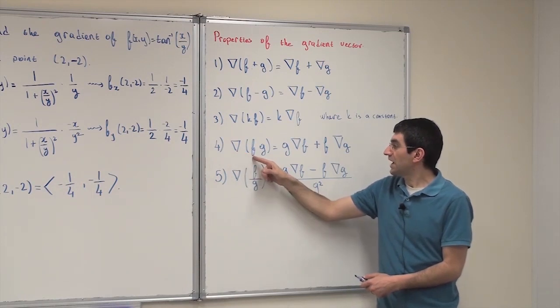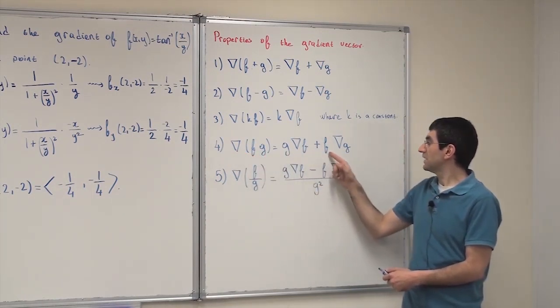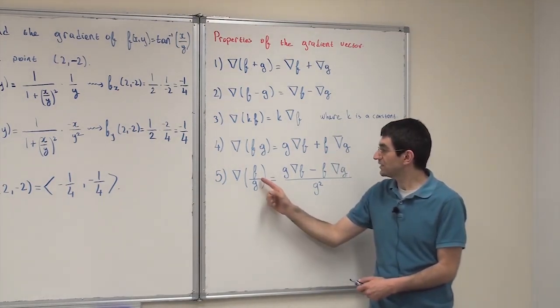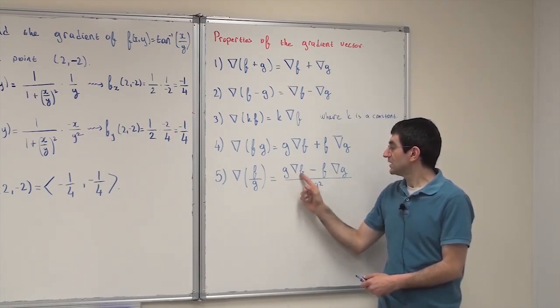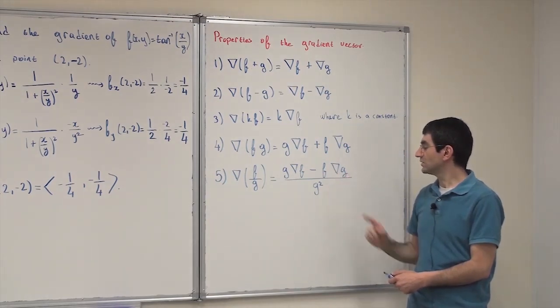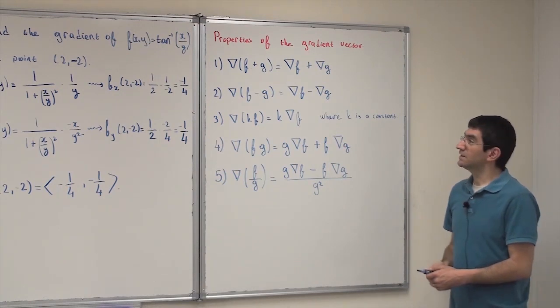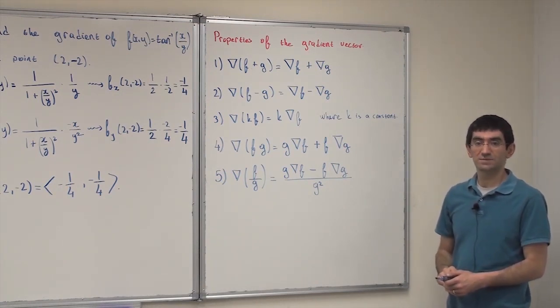The gradient of f times g is g times the gradient of f plus f times the gradient of g. And lastly, the gradient of f over g is equal to g times the gradient of f minus f times the gradient of g, all over g squared. Now, I would like you to note that these properties are the same as derivation properties.